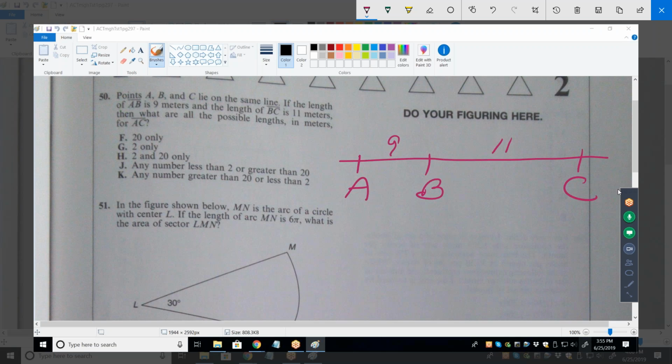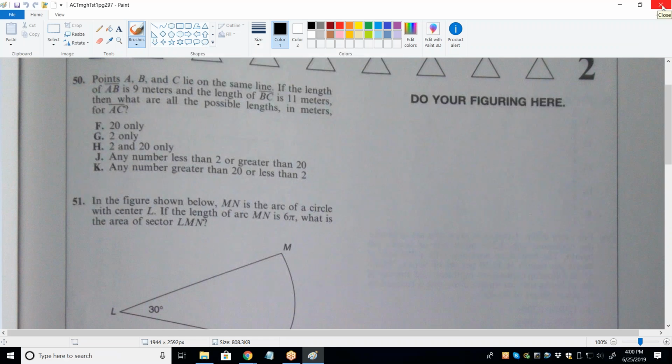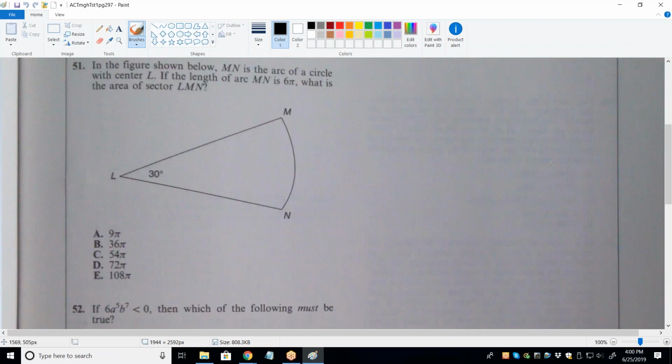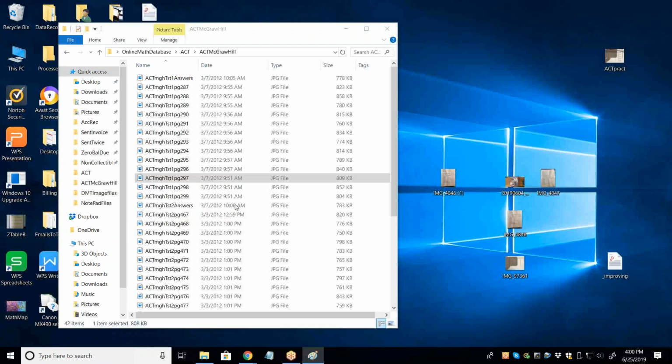No, it's got to only just be 2 or 20. And I don't see how J or K can possibly work. I think so. So H. Yes, sir. Let's check it. Hold on a second. No, we got one more on this page. Yeah, let's check it.